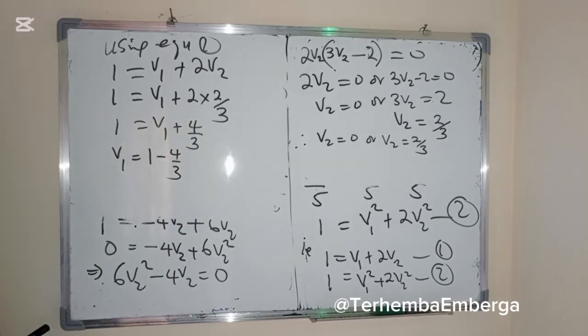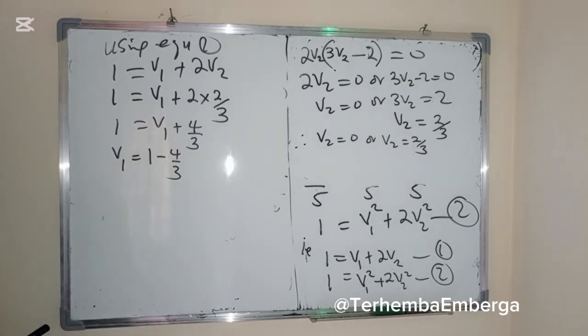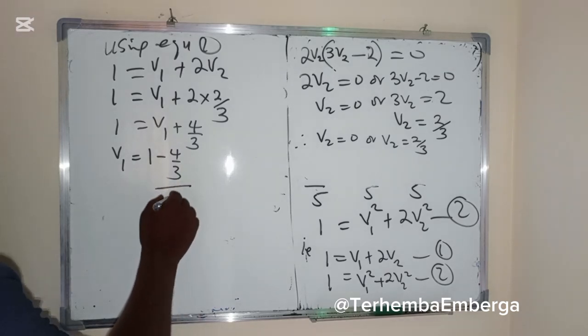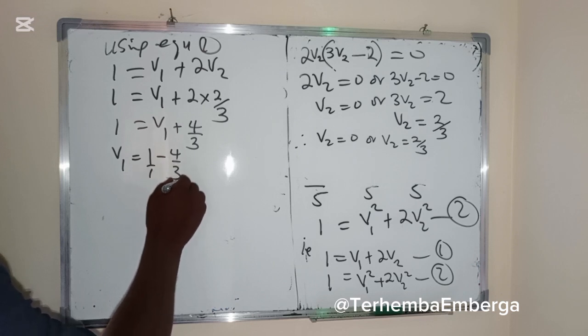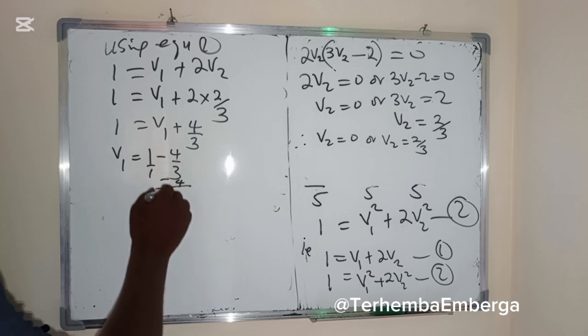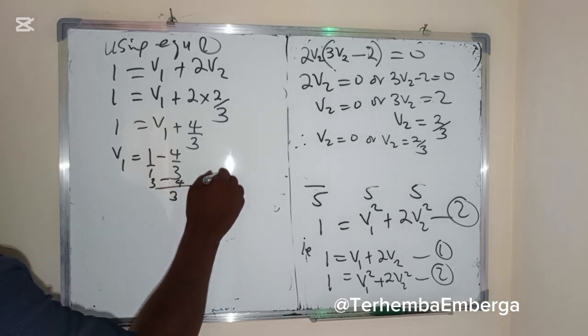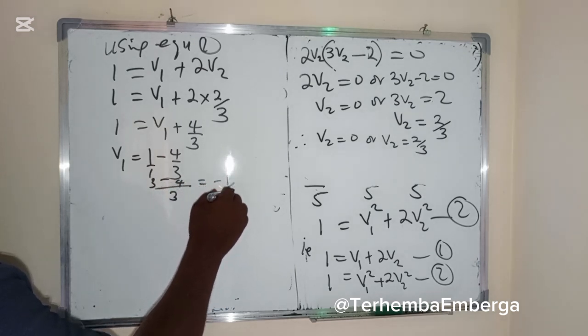Is that right? If you do that, this is going to give us a negative answer. What is the LCM? 3. 3 into this, 1 times this is 3, minus this 4, and this will give us minus 1 over 3.